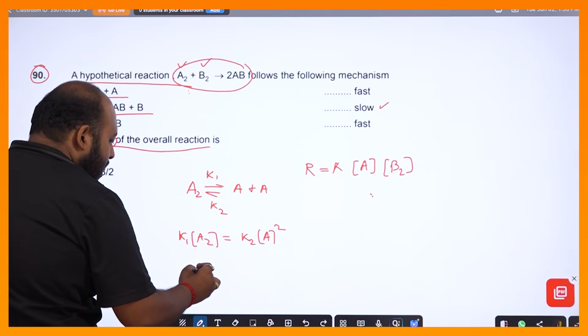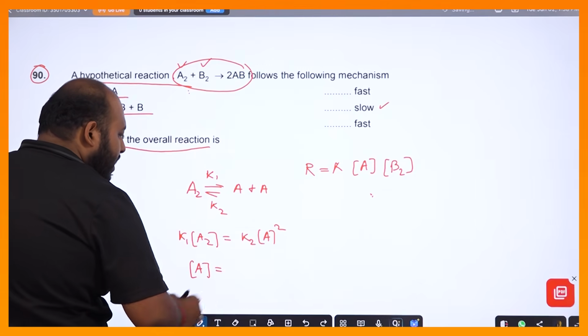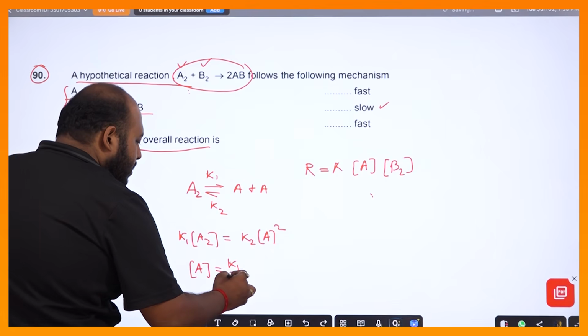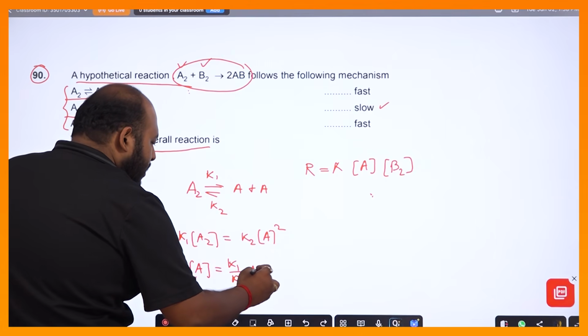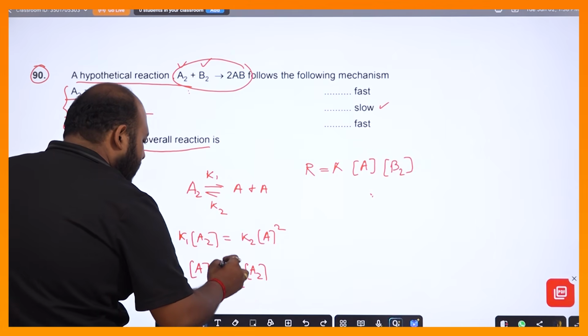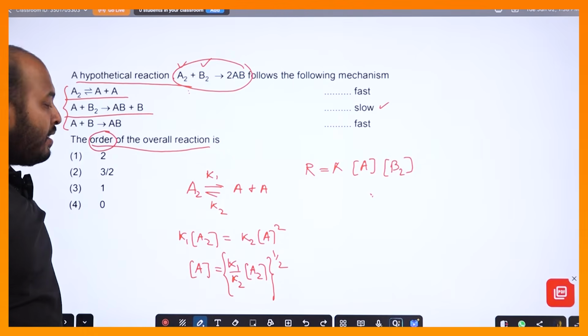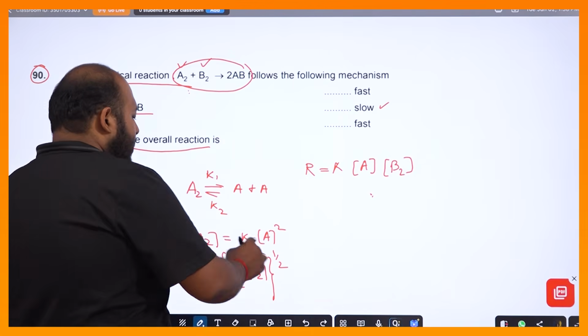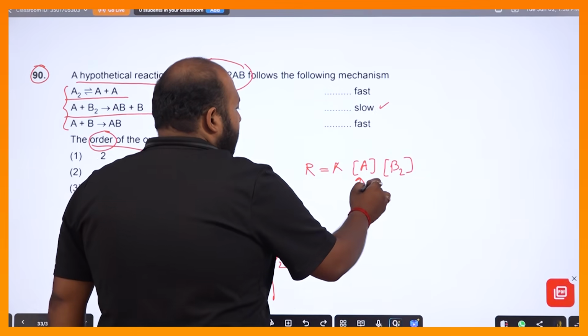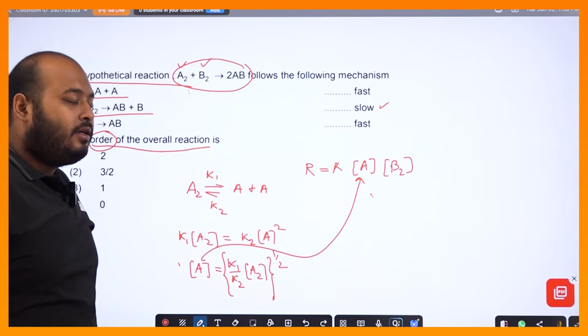So from this, the value for A will become K1 by K2 times A2, entire to the power half.